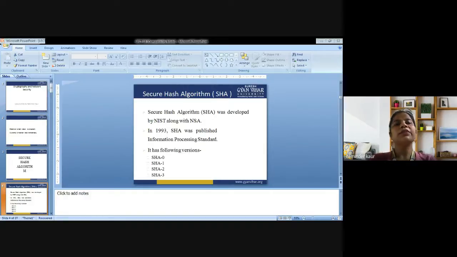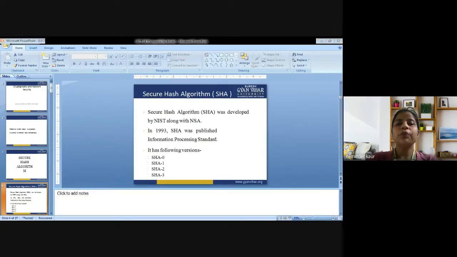In addition, it is infeasible to generate a message that yields a given hash value, that is, to reverse the process that generated the given hash value. And it is infeasible to find two different messages with the same hash value.